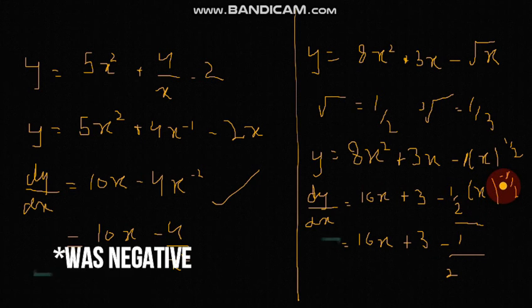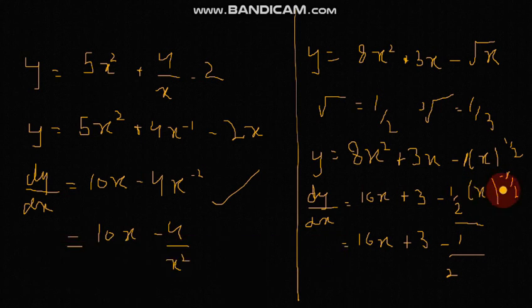And this x to the power minus 1 over 2 was positive. Why? Because it was upward, with 1, and now when we bring it below 1 with 2, it will become positive x. So it will be x with power half, which we can also write as 2 over under root x. So this will be our final answer.